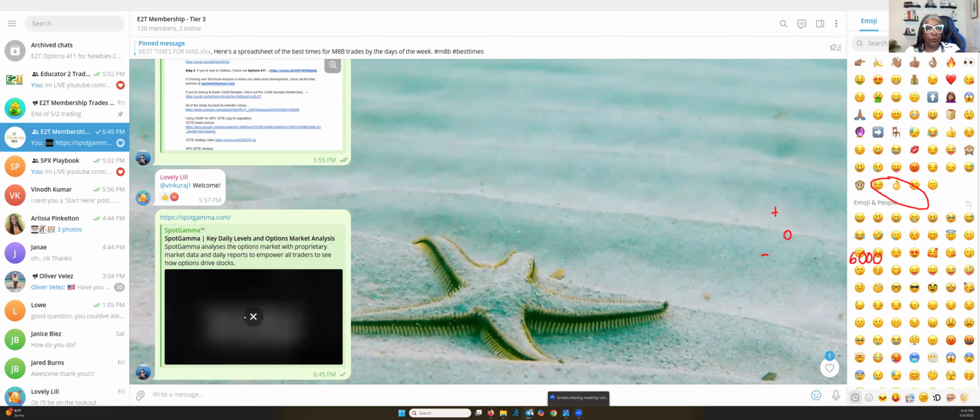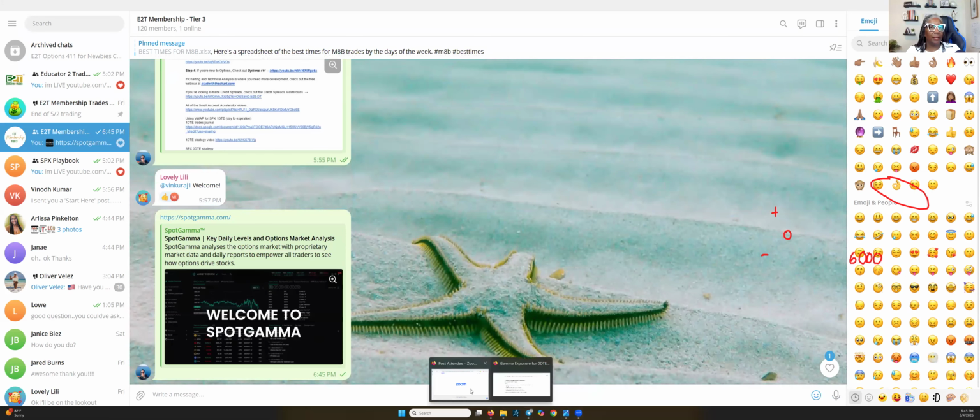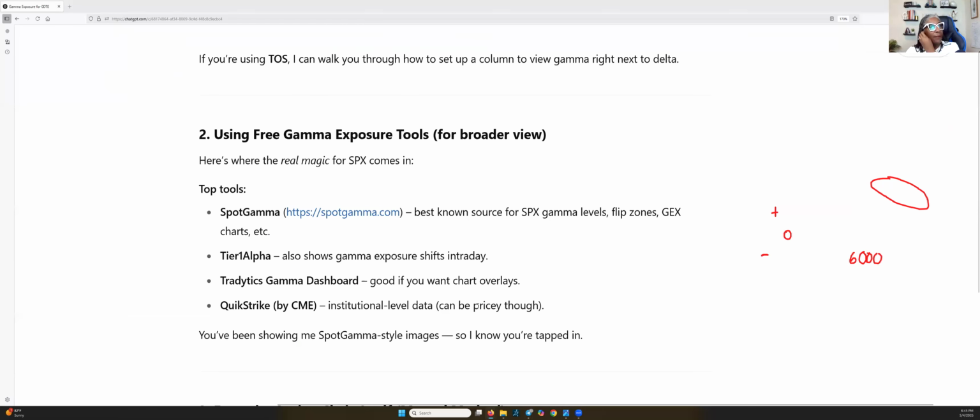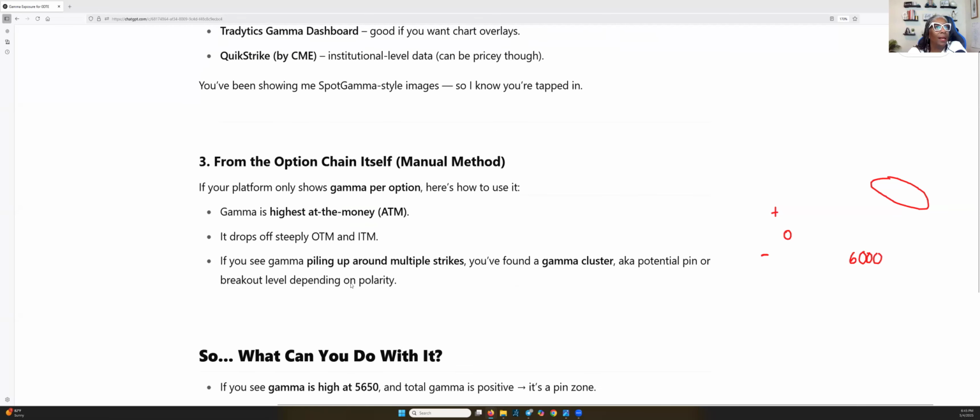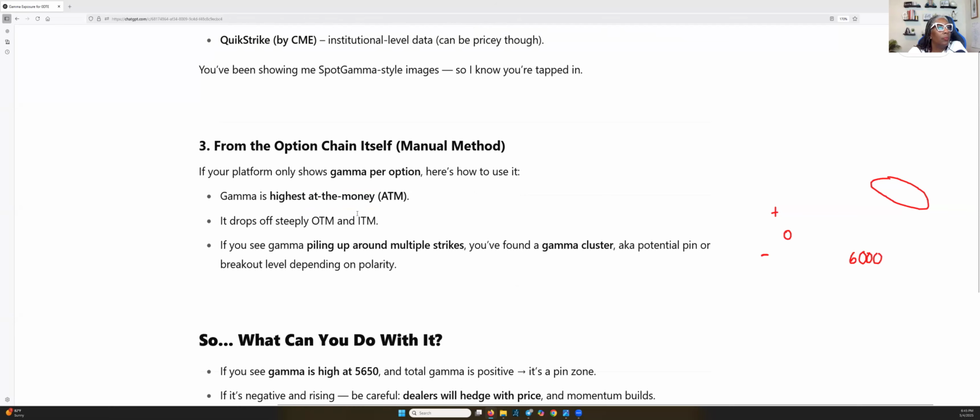I've not ever looked at it, but if you're going to use the chart, definitely look at how you understand it. Tier 1 Alpha, Trady Ticks, I've heard of them. They have a gamma dashboard, said to be good if you want chart overlays, and Quick Strike by CME. For those who really are into gamma, or who were looking into doing butterflies, you were probably looking at gamma a little bit there, from the option chain.